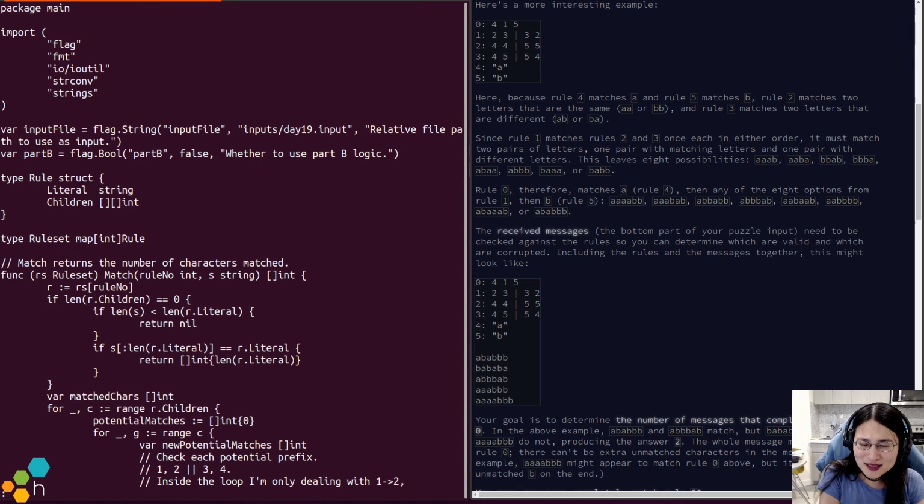So the thing that I did was I wrote matching rules that would take a given rule set and evaluate whether a substring starting at a given position could potentially be a match, and if so, it would return the rest of the string after the match prefix had been removed.